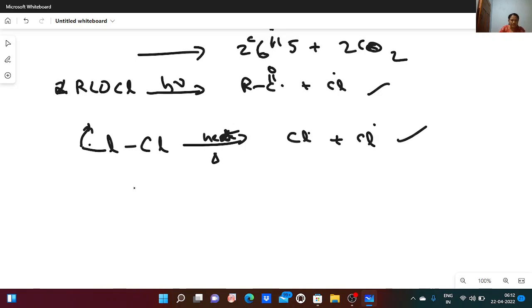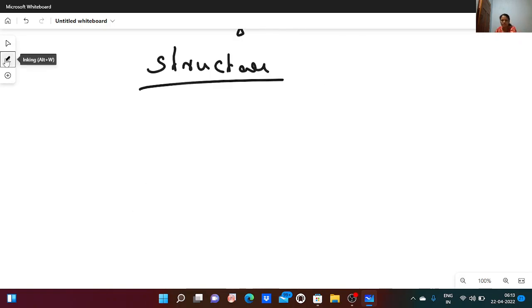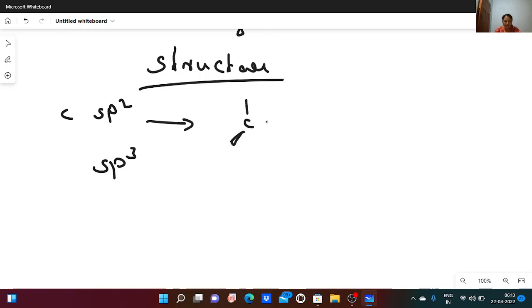Then we can think about the structure, and structure means mainly we are explaining the hybridization. Here for the carbon atom, both sp2 as well as sp3 hybridizations are possible. If it is sp2 hybridized, it will be similar to a carbocation, trigonal planar, with one unhybridized p orbital, and the unpaired electron occupies that unhybridized p orbital.